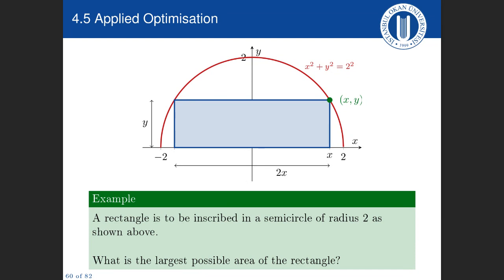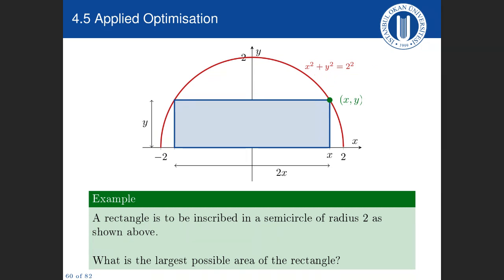So what can we say? The equation for a circle of radius 2 is x squared plus y squared is equal to 2 squared. We're going to imagine that this corner of the rectangle is at the point (x, y), where (x, y) must solve the formula for the circle.